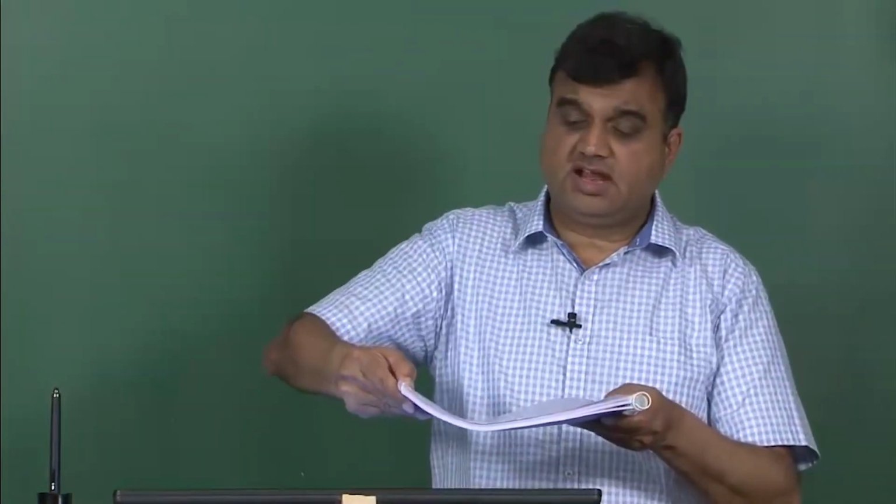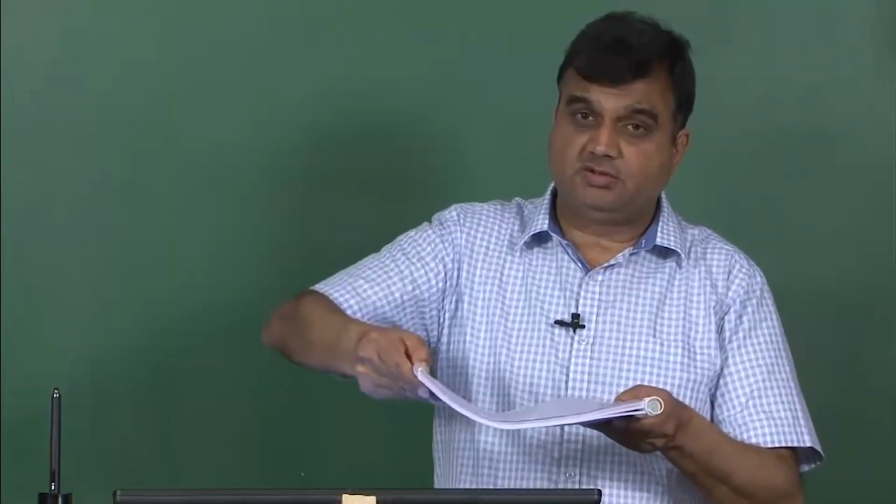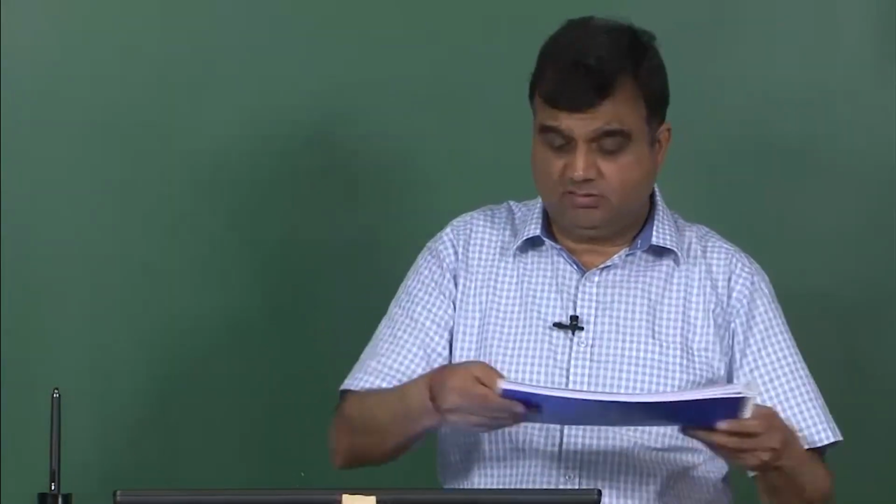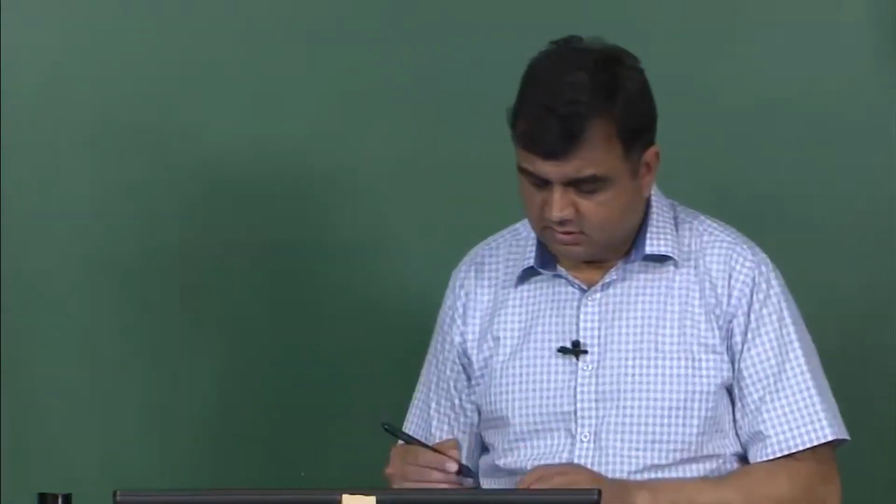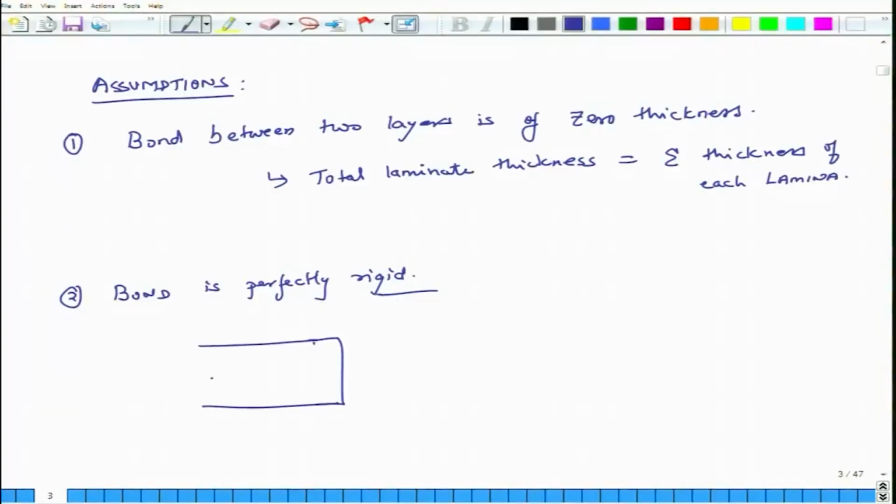But when the bond is perfectly rigid, which means when I bend it, there is no sliding going to happen. I will actually draw a picture. Suppose there is a laminate which has 2 layers only, and the bond is perfectly rigid.